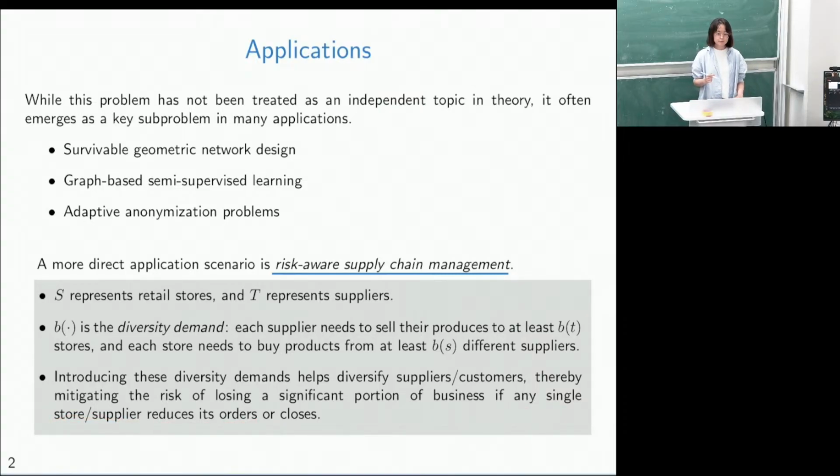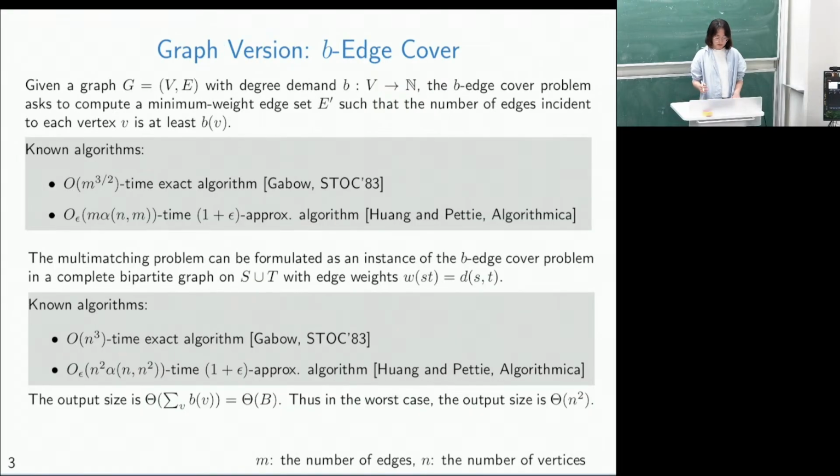So from this motivation, we worked on the geometric multimatching problem. And there is a graph version of this problem, which is called the b-edge cover problem. The problem is exactly the same as the geometric multimatching problem, but here we are dealing with graphs.